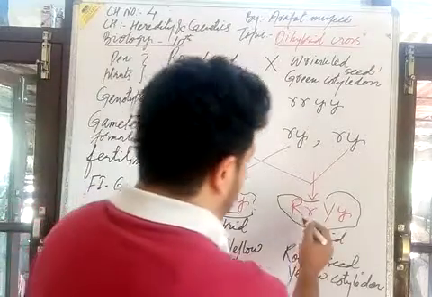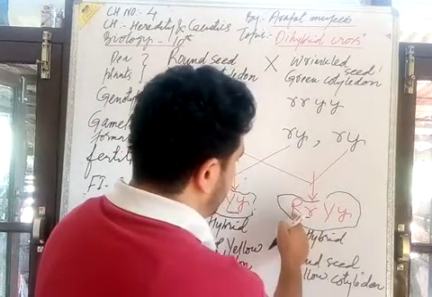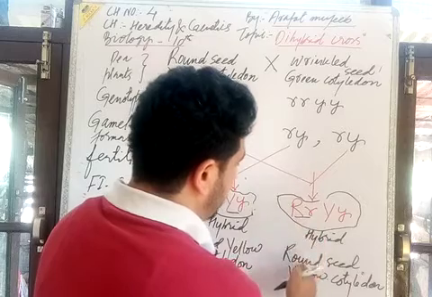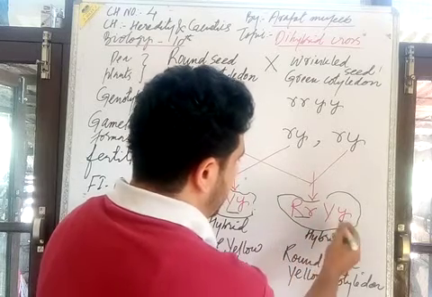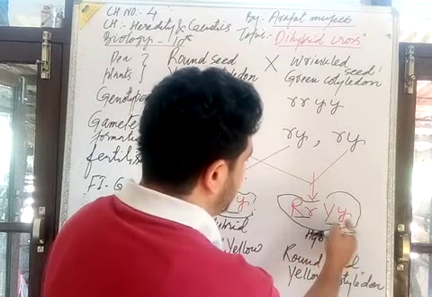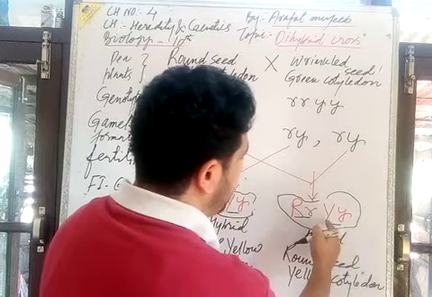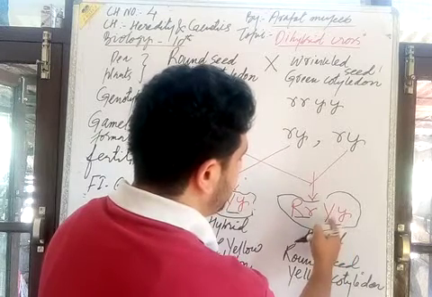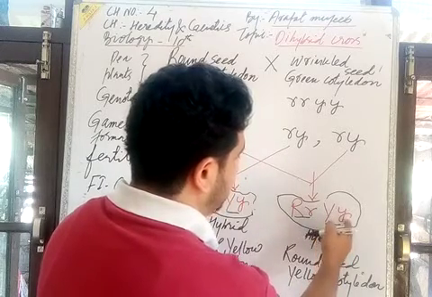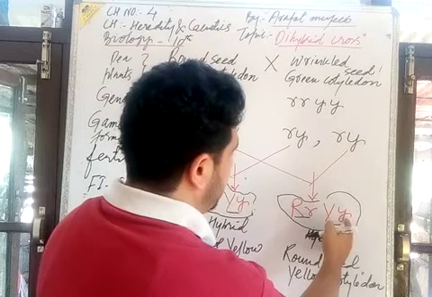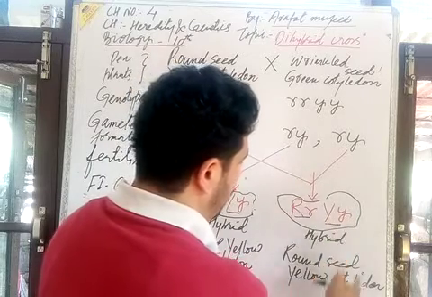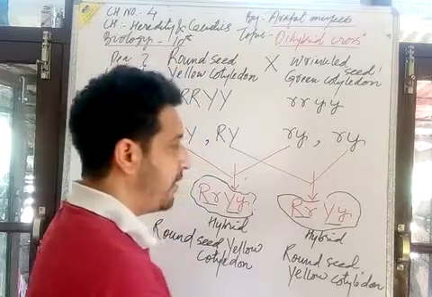Here capital Y is associated with small y. Capital Y is the dominant gene; it shows its expression and suppresses the other's expression during inheritance. Here is the yellow cotyledon. That means this is the law of dominance.